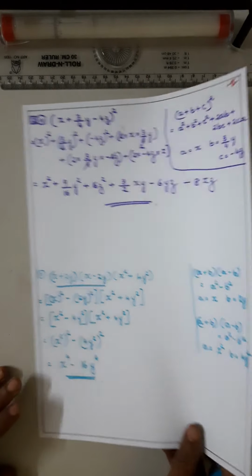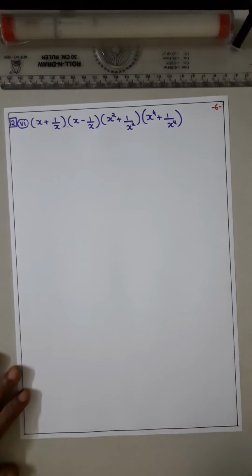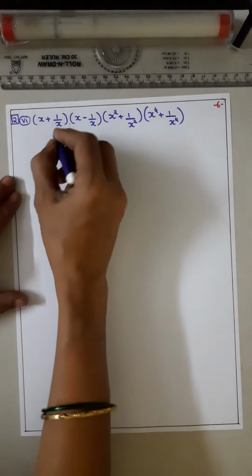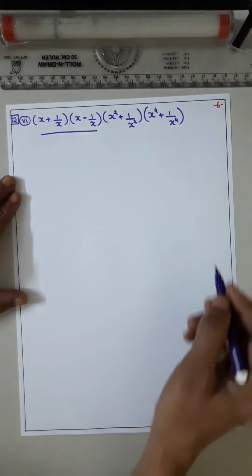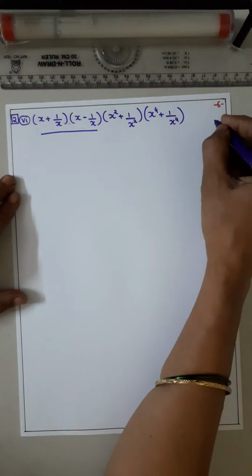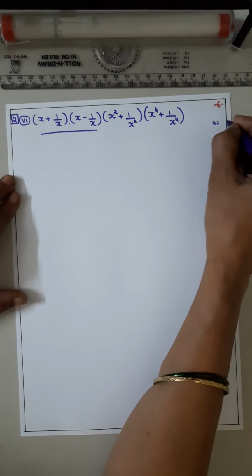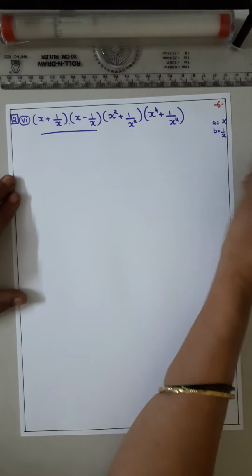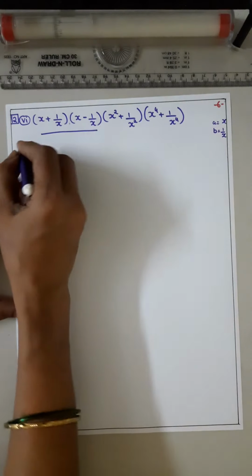Coming to question number 6. Okay, again it is of the same type. X plus 1 by x, x minus 1 by x. So it is same. Here first a is equal to x, b is equal to 1 by x. Take that and see.